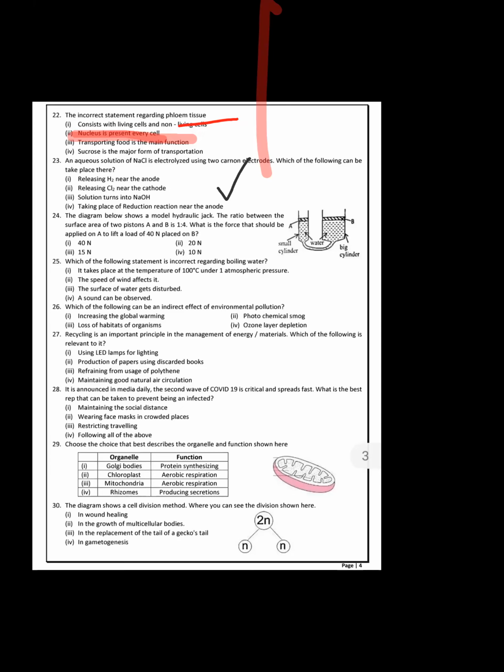Which of the following can take place here? Releasing H2 near the anode? Releasing Cl2 near the cathode? Solution turns into NaOH? Fourth one, taking place of the reaction near the anode.